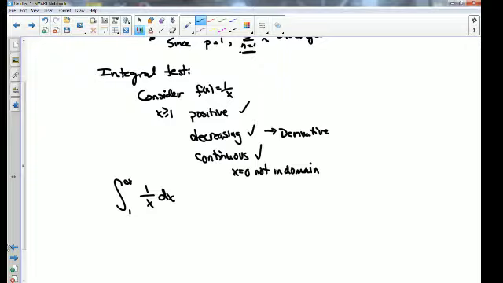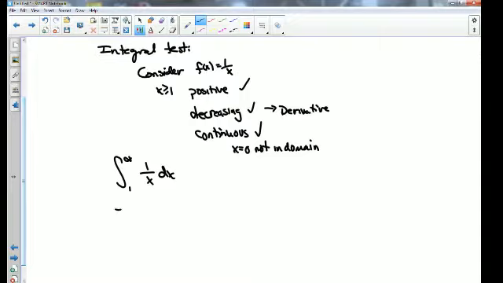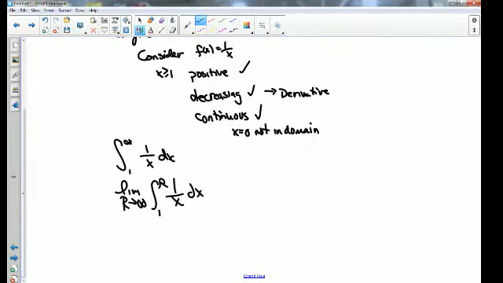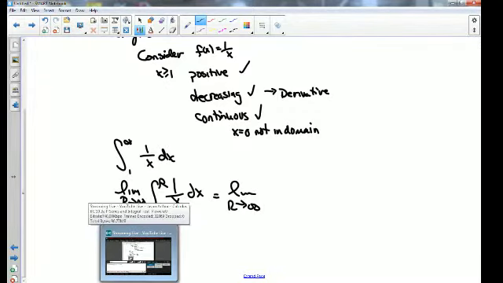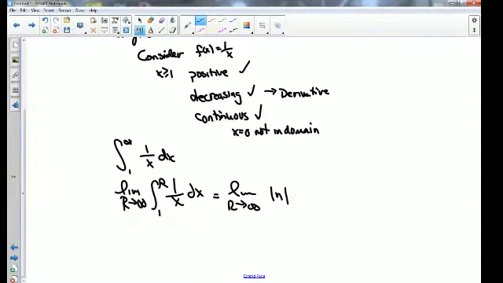How would I solve that? What do I have to do for improper integrals? Change to a limit. What's the antiderivative of 1 over x? Forget the absolute value.